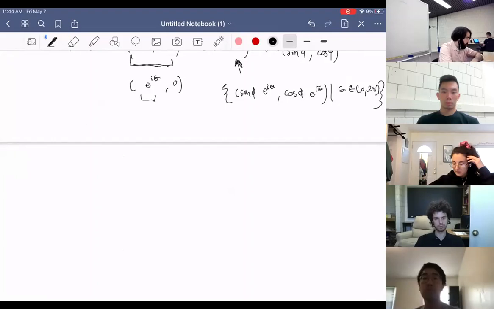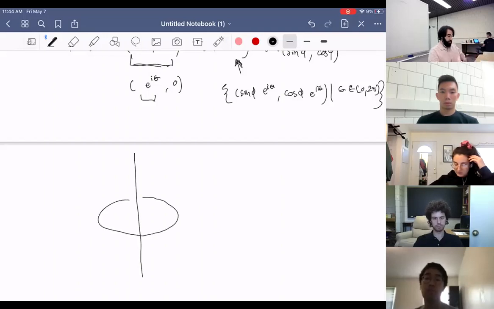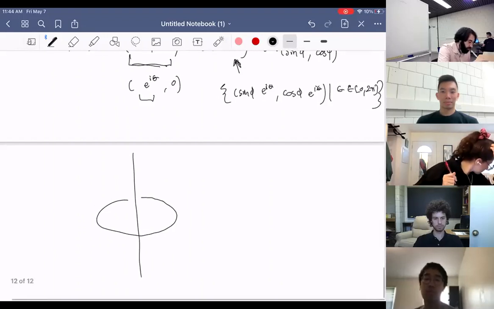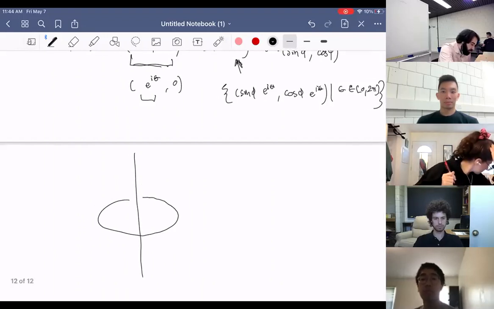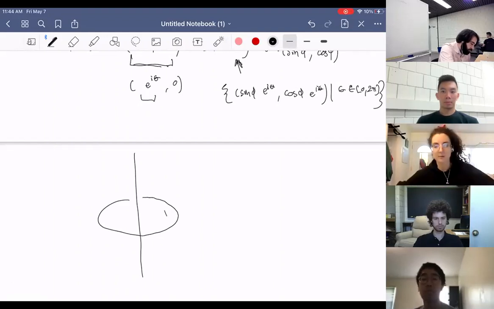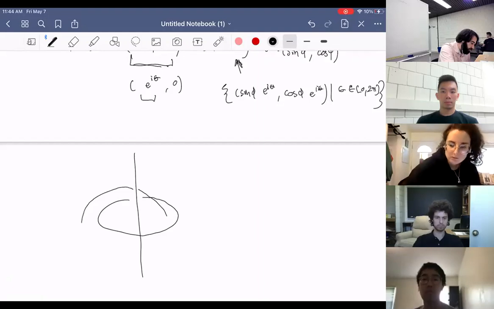Now let's look at what these orbits actually look like. Well, we know what two of them look like. We have the vertical line, and we have this hula hoop. What the others look like are going to be basically curves which come out like this.